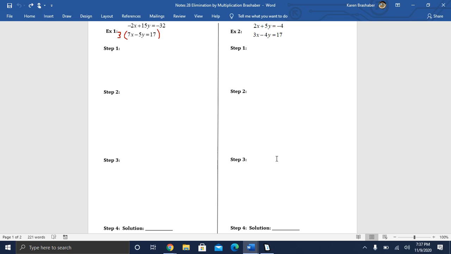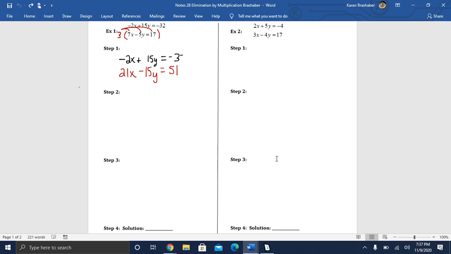So 3 times 7x will be 21x. 3 times negative 5y, just distributing, will be negative 15y, equals 3 times 17, and that is 51. I'm going to recopy my top equation stacked up, with my variables lined up along with my equal sign.